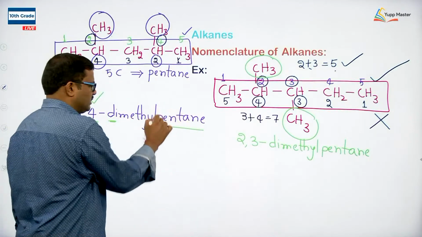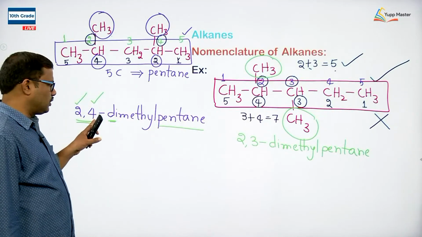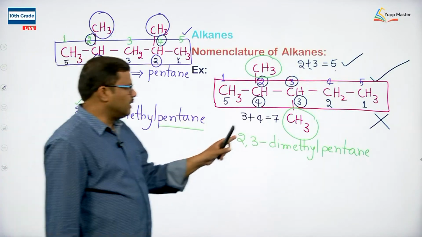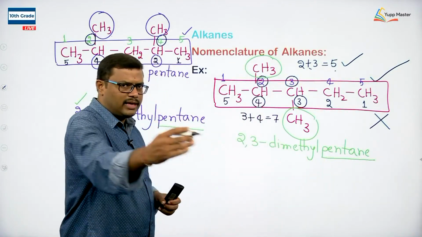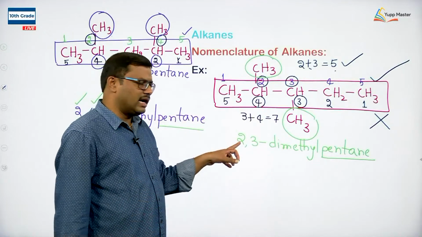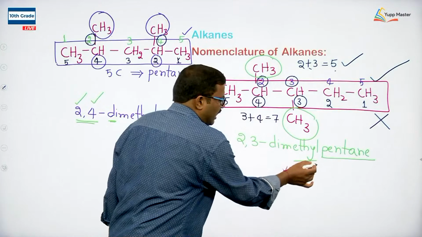So the parent has 5 carbons, on the second carbon we have a methyl, on the fourth carbon we have a methyl group. Similarly, in this case pentane is the parent chain, so we have a 5 carbon parent chain, on that, on the second carbon atom we have a methyl group, and as well as on the third carbon atom we have a methyl group.